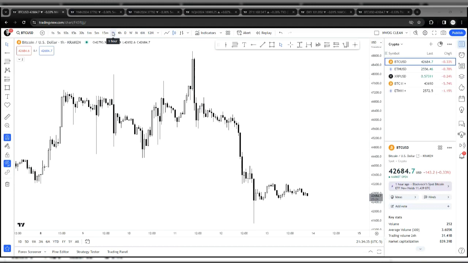So now we're currently on the 1 hour time frame from which you can see this beautiful setup. Price ran about these relatively equal highs and then reversed.